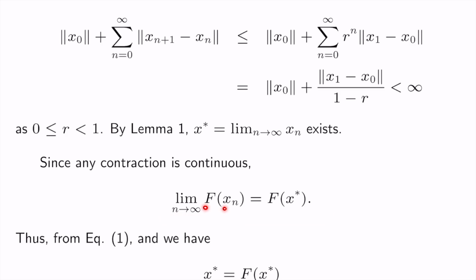So f of xn, if n goes to infinity, this sequence converges to this value, f of x star. So x star is this one, the limit of xn.